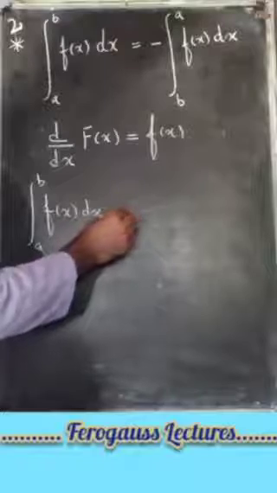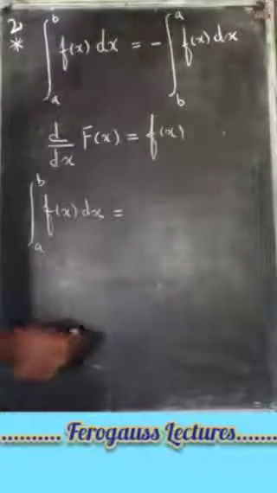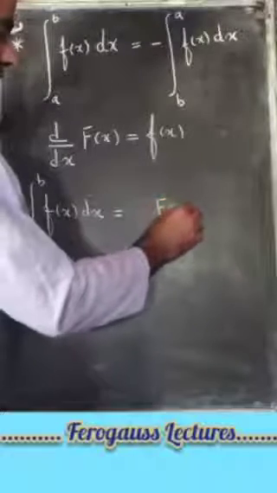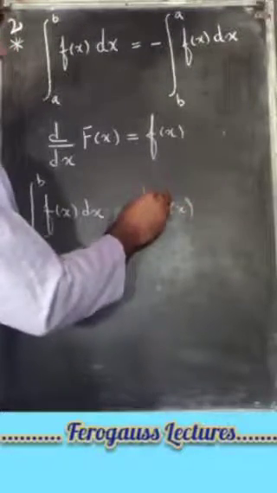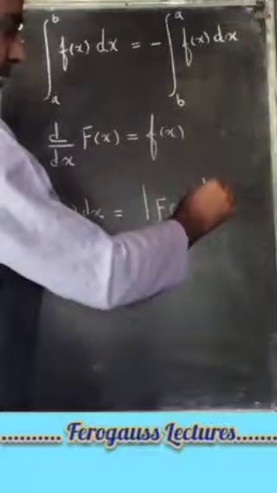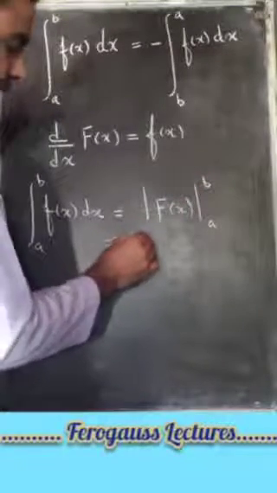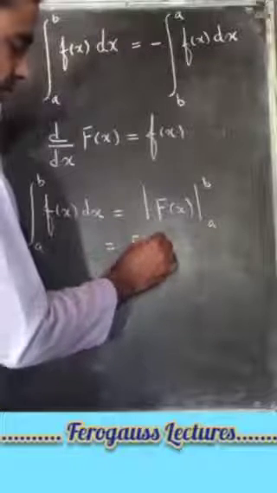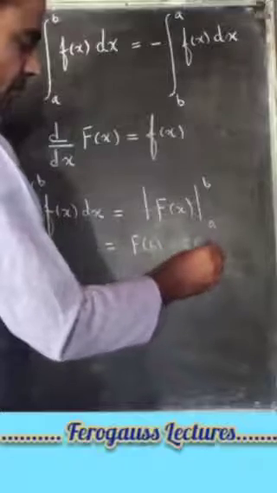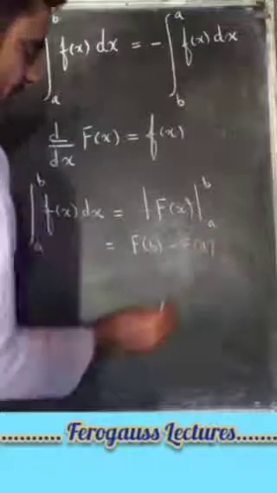This is equal to, by the fundamental theorem of calculus, capital F(x) with limits from a to b, so that is further equal to F of upper limit minus F of lower limit.